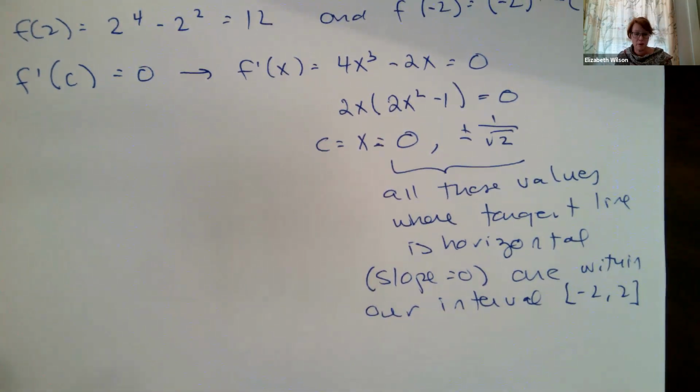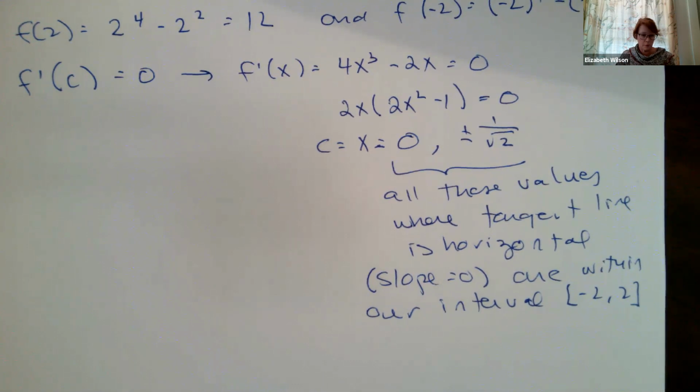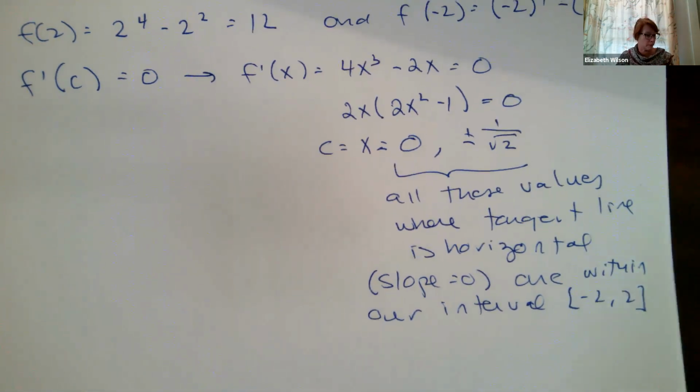And that was Rolle's theorem. Rolle's theorem just said if you had this interval where the function is equal to itself, the function at minus 2 is equal to the function at 2, that means I must have some value of x within here where the slope of my tangent line is going to be equal to 0. Tangent line is going to be horizontal. In this case, we actually have 3 values, which makes sense because this is a W-shaped function, so I'm going to have multiple stuff going on.